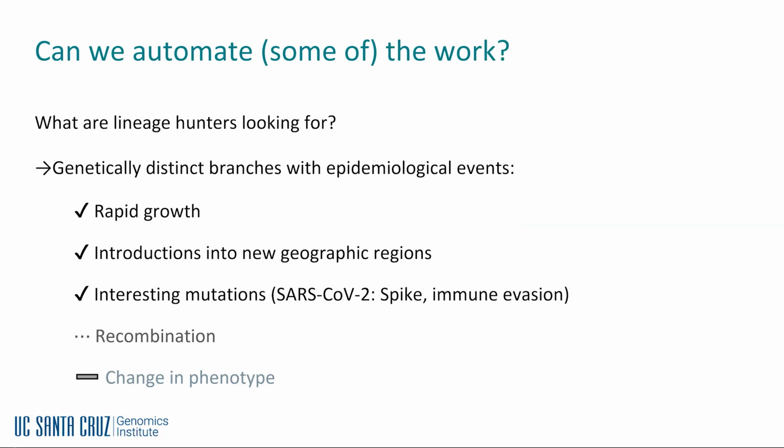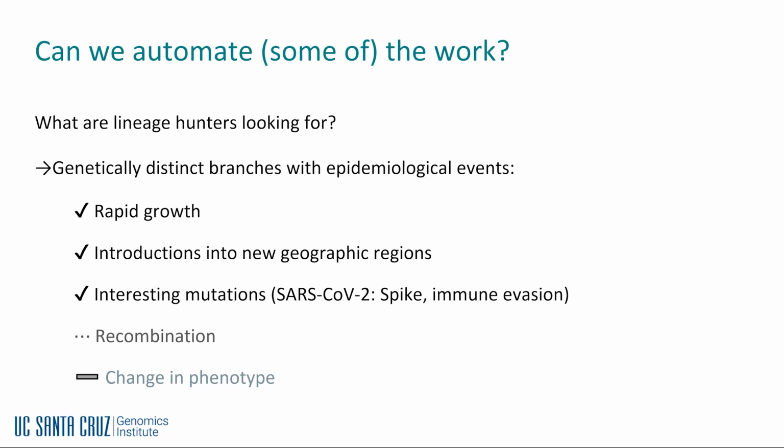So what are the lineage hunters looking for when they're scanning the tree and searching for new sequences every day? They want to see distinct branches that have some kind of epidemiological significance. These are the same epidemiological events you saw in Rachel's slide earlier. And here I've colored them by how well they lend themselves to being automated.